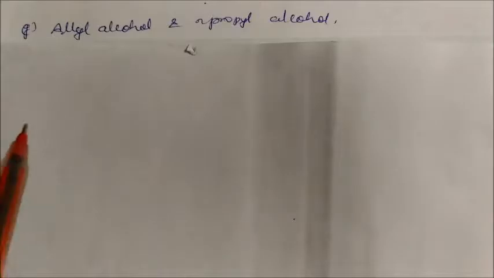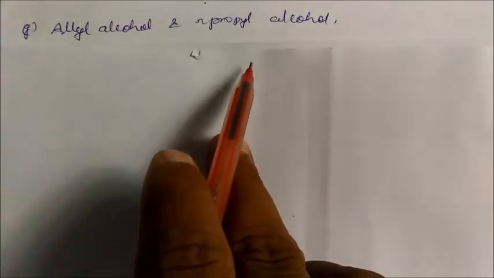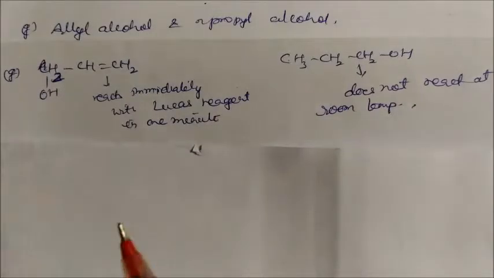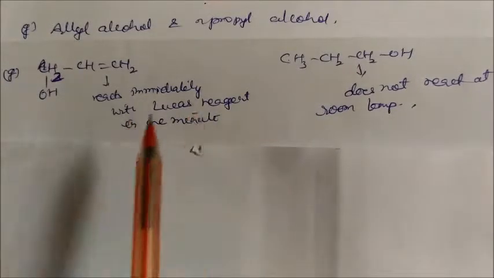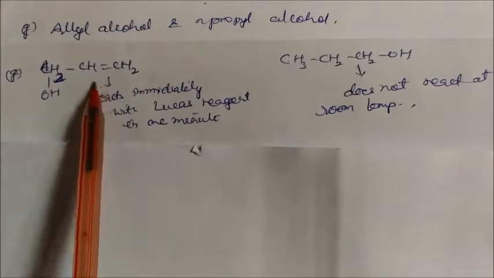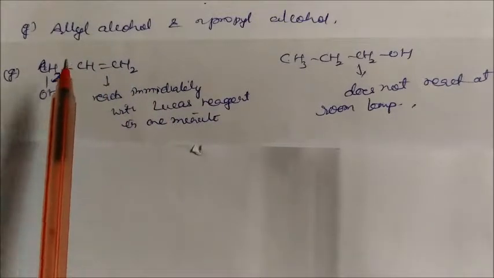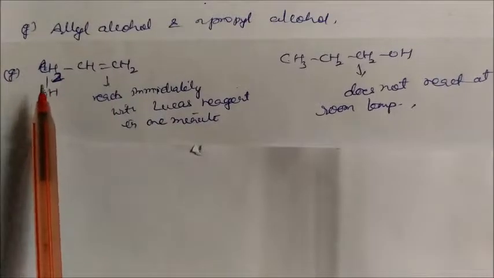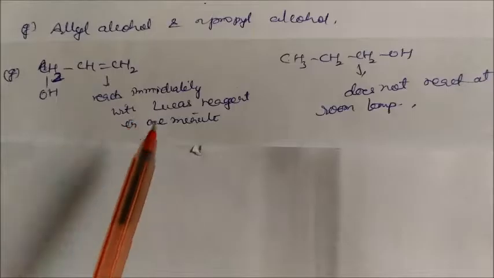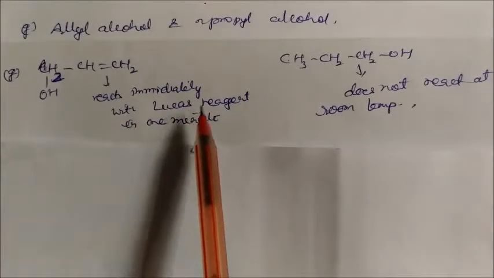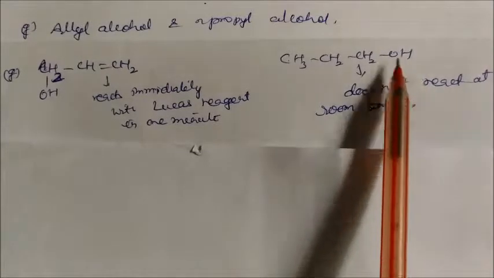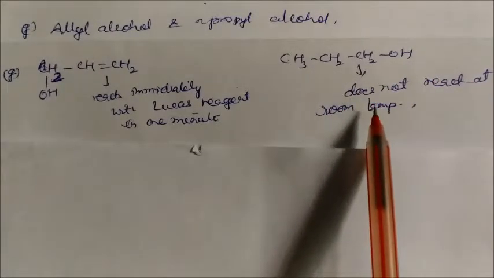How will you identify between allyl alcohol and n-propyl alcohol? For this again you can use the Lucas reagent. Allyl alcohol is a primary alcohol, but due to the allylic carbon, it will react with the Lucas reagent in 1 minute. While propanol is a primary alcohol, it will not react at room temperature.